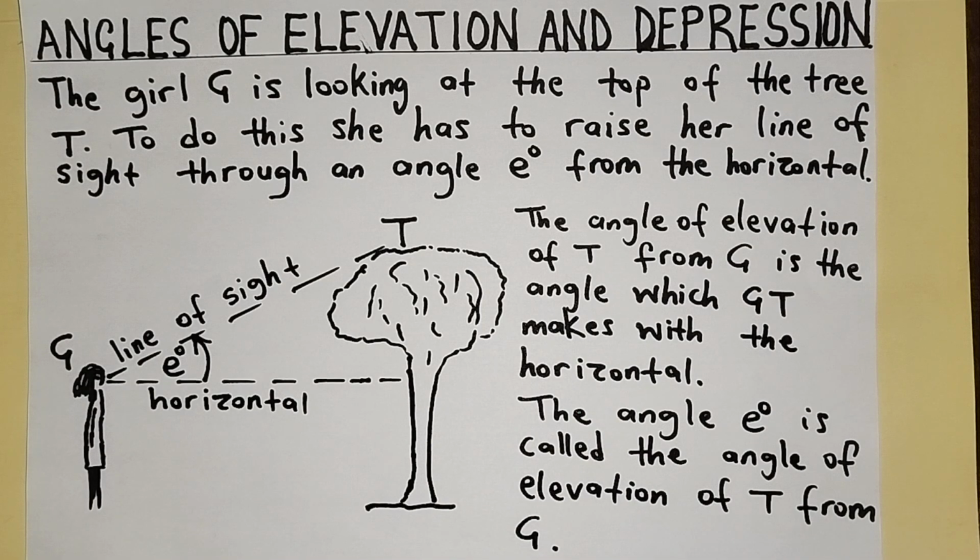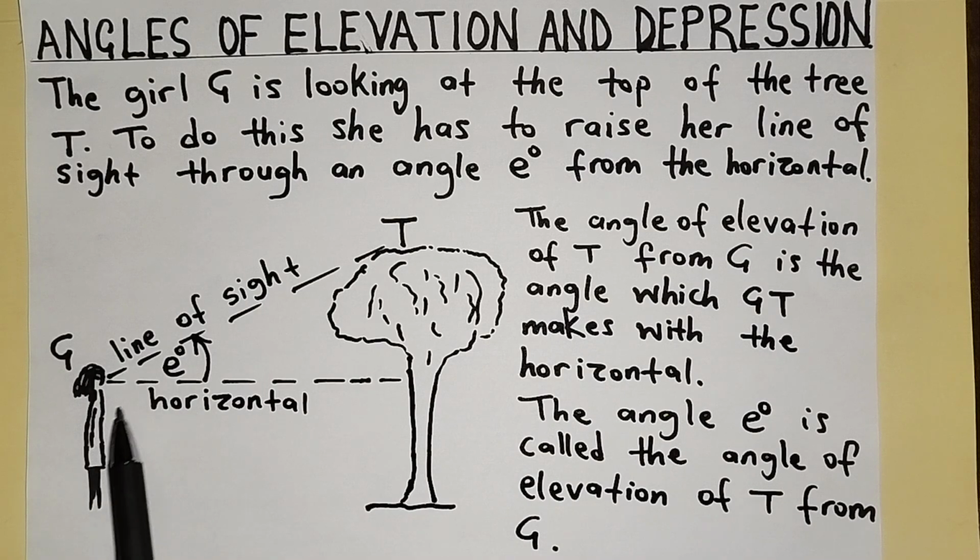I'll read: the girl G, this girl here, is looking at the top of the tree, shown by the letter T. To do this, she has to raise her line of sight through an angle E degrees from the horizontal.